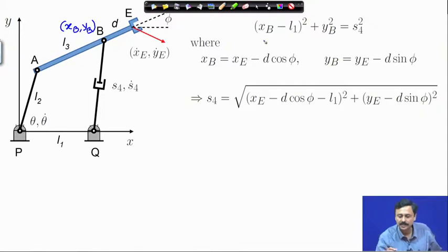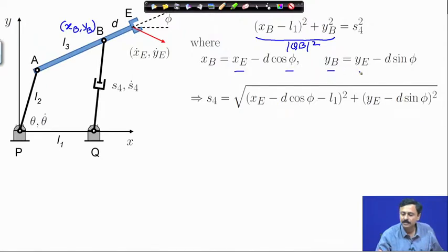So, therefore, the distance squared, QB squared, is equal to S4 squared, and xb can be related to xe and phi.